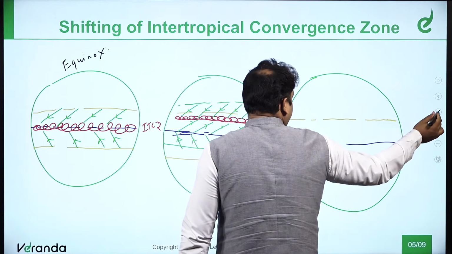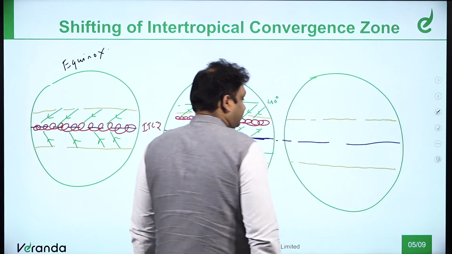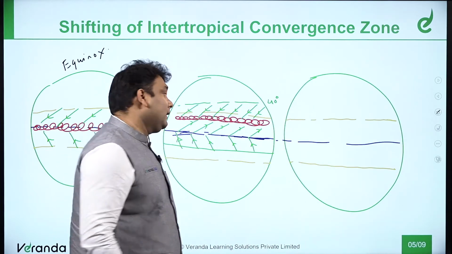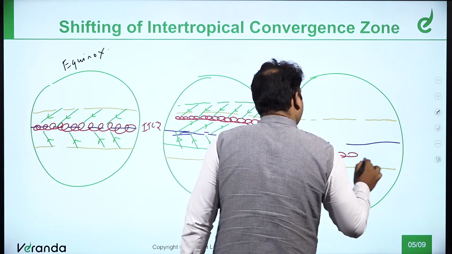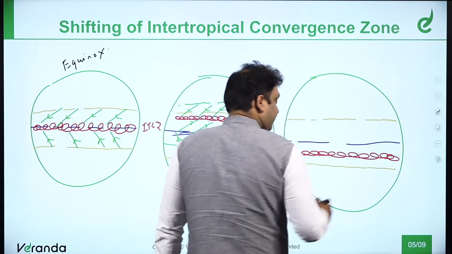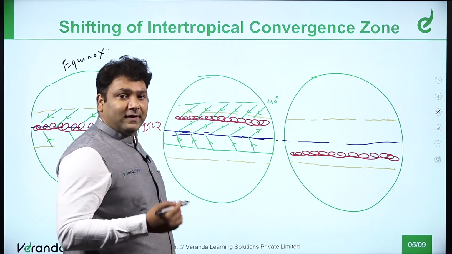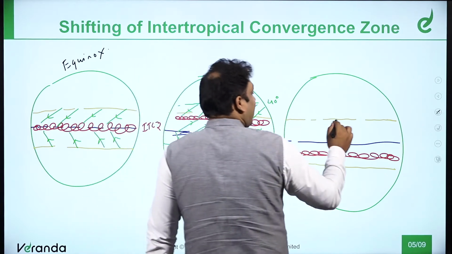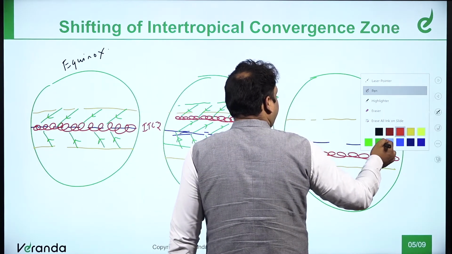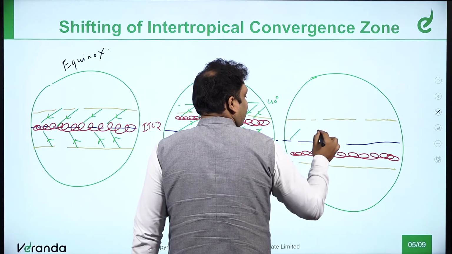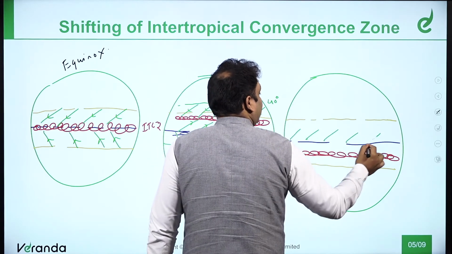Similarly, in the southern hemisphere, when they have summers, the ITCZ will shift south by about 20 degrees, because in the south you don't have much land. So instead of starting from 30, 35, they will be starting from 20, 25. So they will be moving towards the equator.